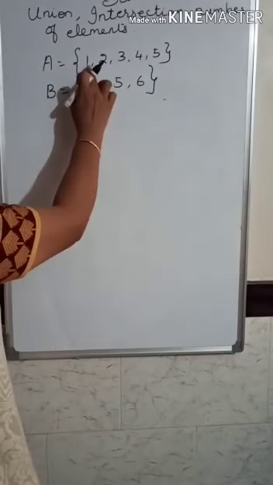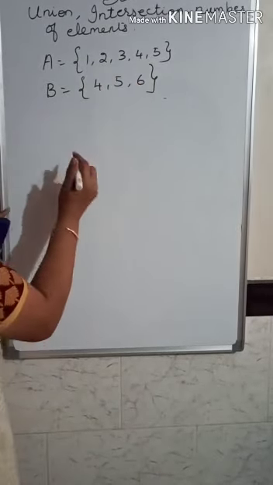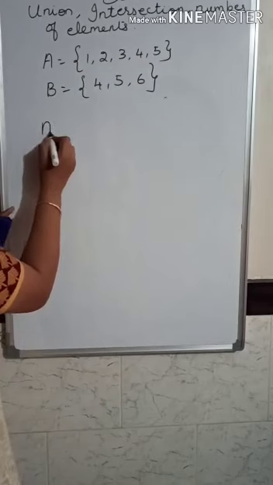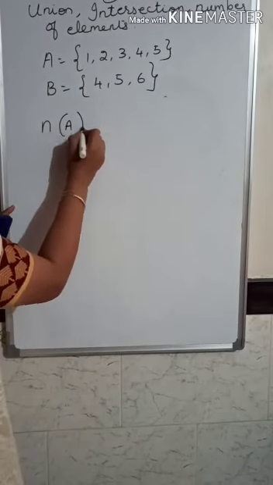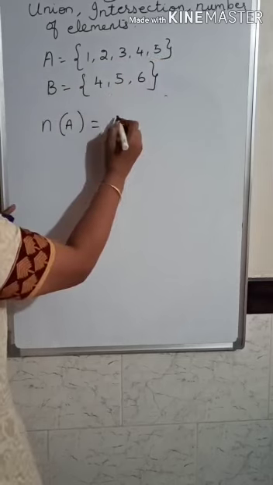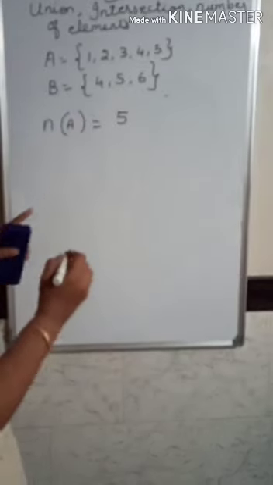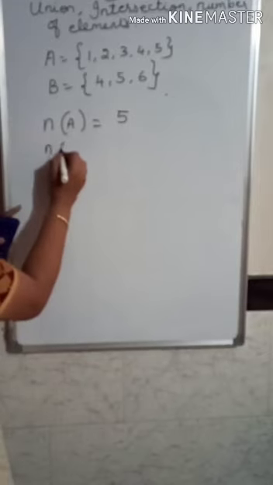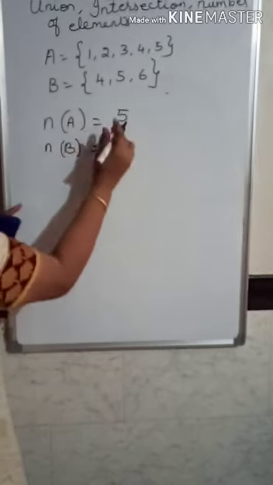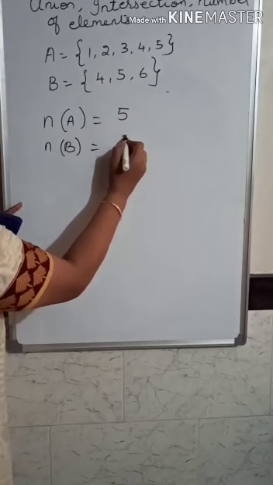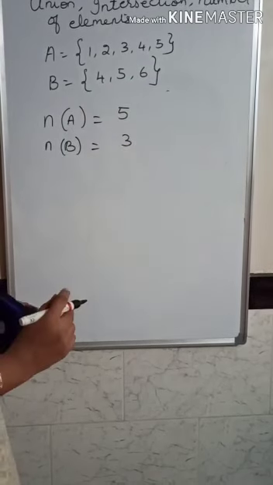You count them and write n of A is equal to 5, since you have 5 elements. The number of elements in set B is written as n of B is equal to 3.